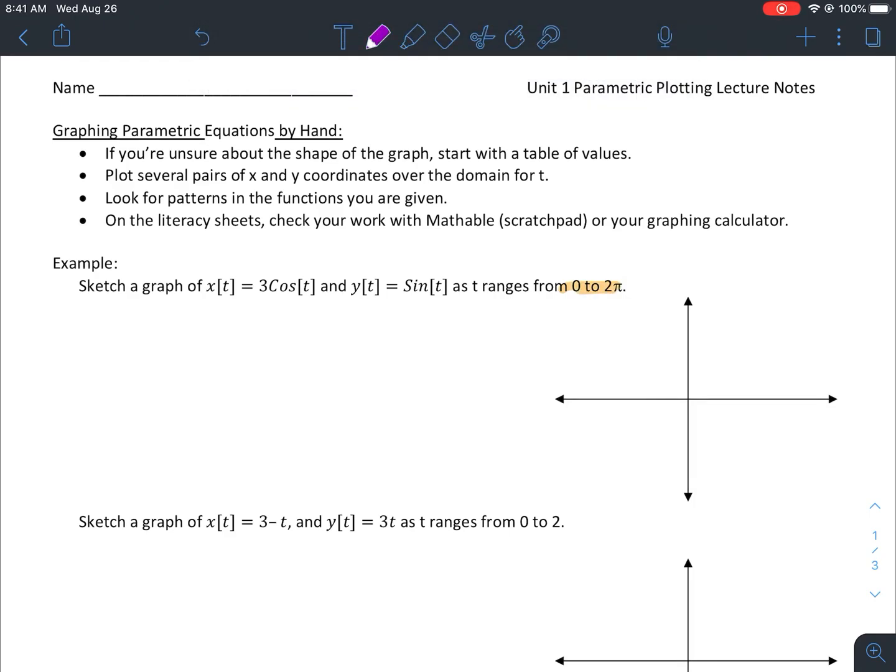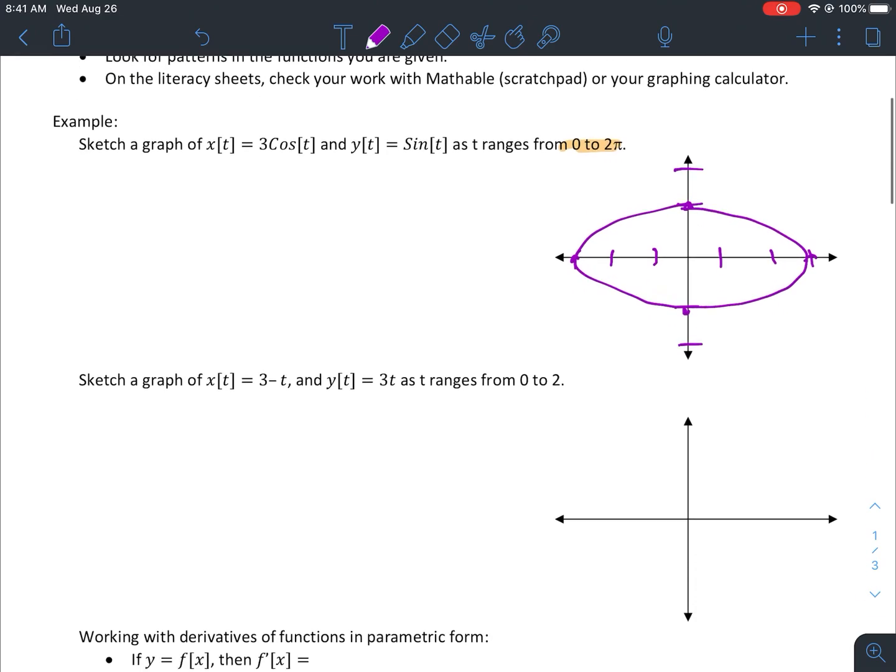So we're not going to need a table of values for this because we know it's going to go 3 out on the x-axis and 1 out on the y-axis. Oh, that's not our ellipse. There's our ellipse.